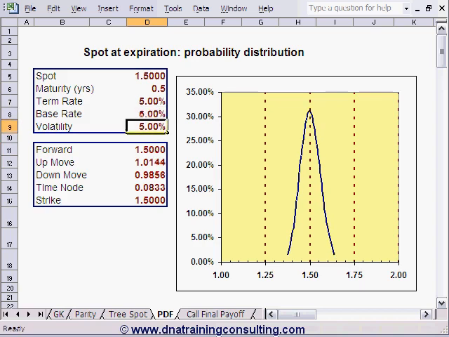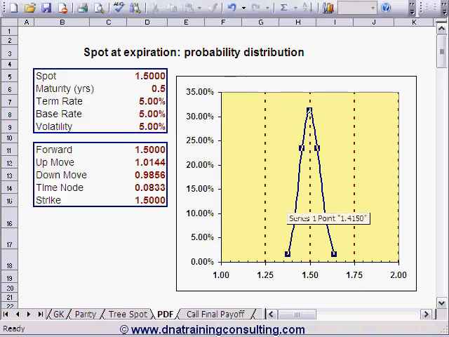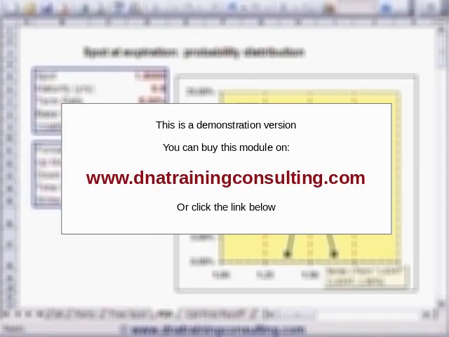In fact, if we reset the volatility to 2% here, exactly around the forward of 1.5, but this time with the highest and the lowest values ranging from, as you can see, for the low, 1.37, and for the high, only 1.63, significantly less wide a range than we had originally.